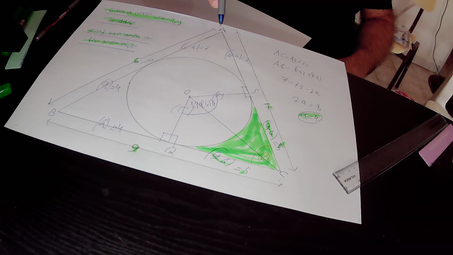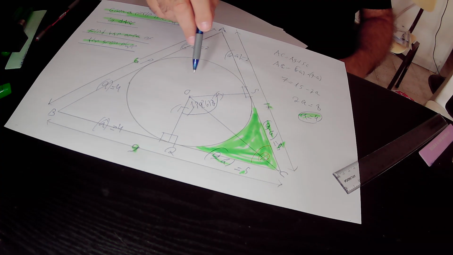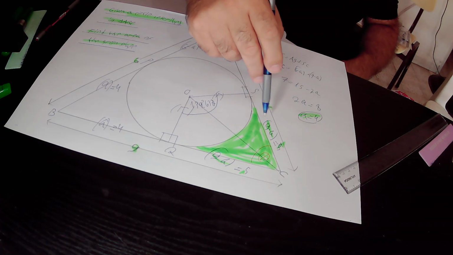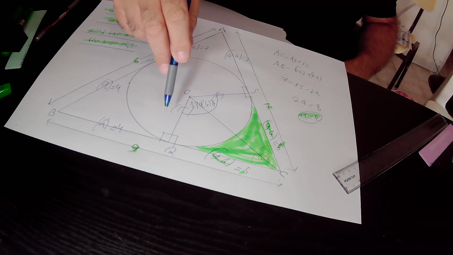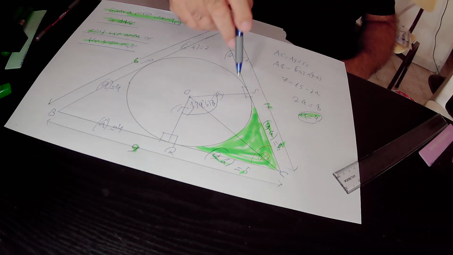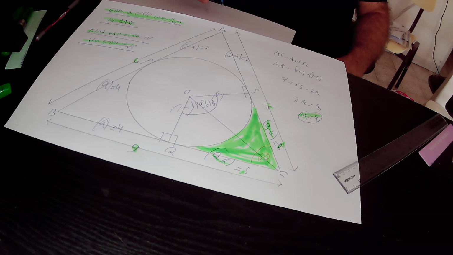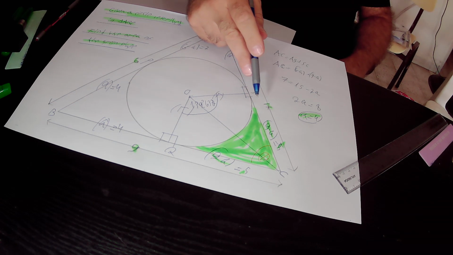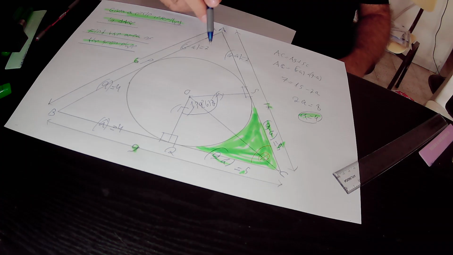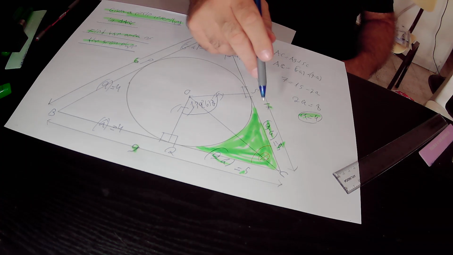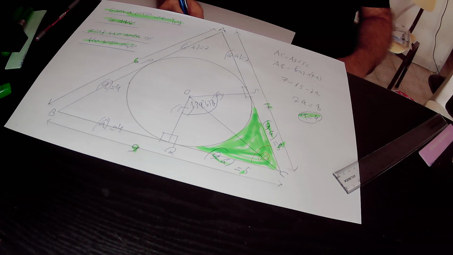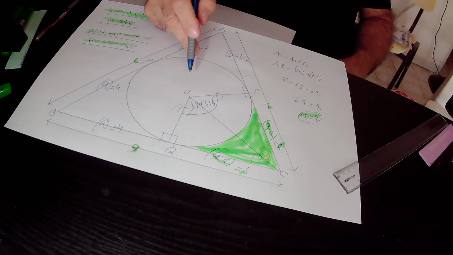Again, the area of this green shape is equal to the area of this quadrilateral OSCQ minus the area of this sector QOS. We actually found out that the area of the green shape, that is the area that we are looking for in this question, is equal to the area of quadrilateral OSCQ minus the area of this sector OSQ.